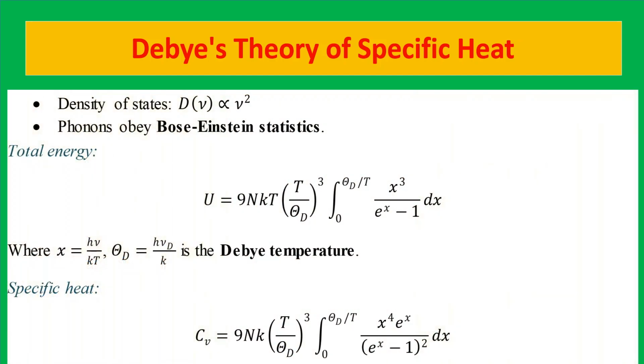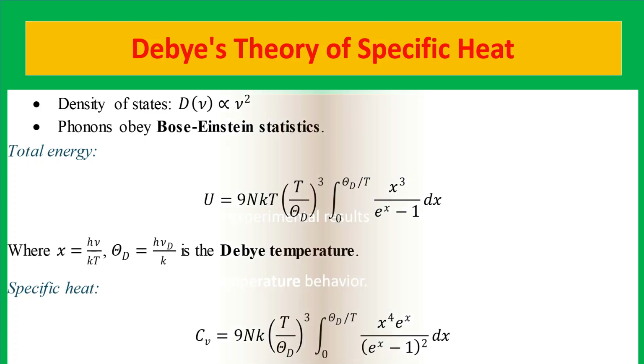In a similar way we present the total energy and the specific heat. Where we defined the Einstein temperature, here we define the Debye temperature, theta D is equal to h v D by k. After we substitute, we get the final equation for Cv.